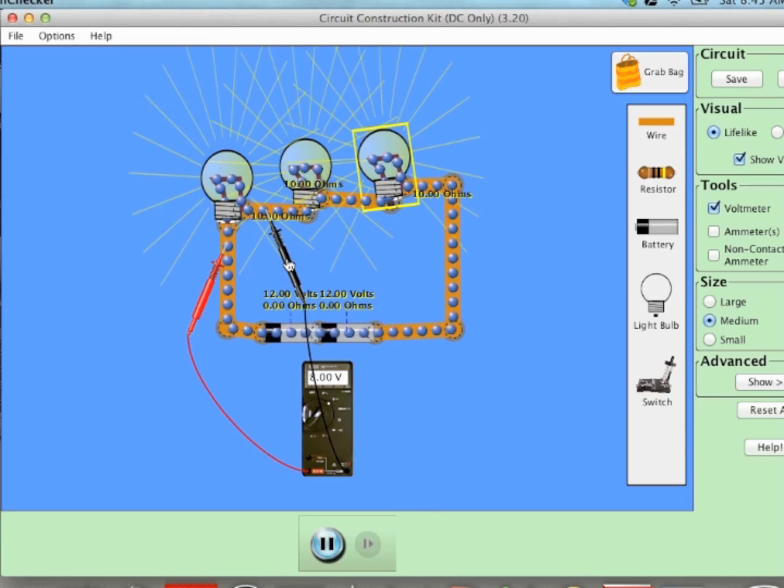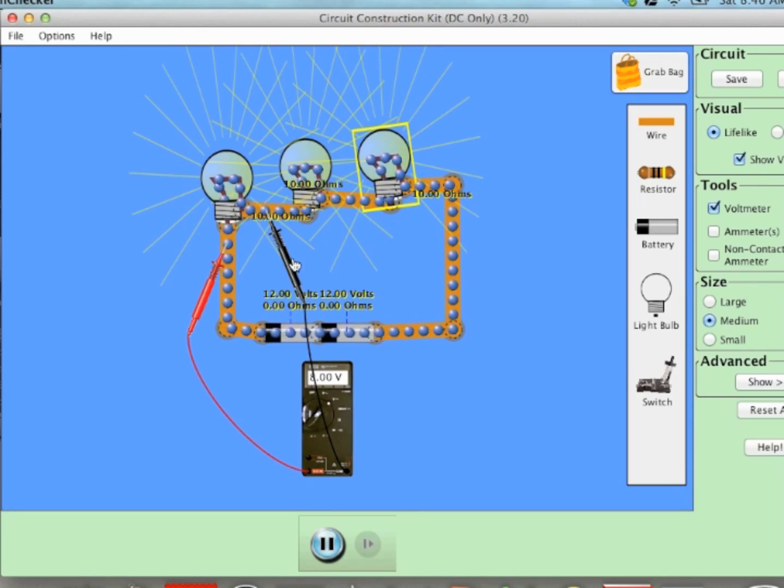And so what I have here is all the electrons flowing through with a current that's equal through each of the bulbs. But I have a voltage drop of 8 volts through each resistor. And so notice what happens here. The electrons come out of the batteries with 24 volts, but then it drops 8, and then another 8, and another 8, which goes back to 0 to repeat the cycle again.